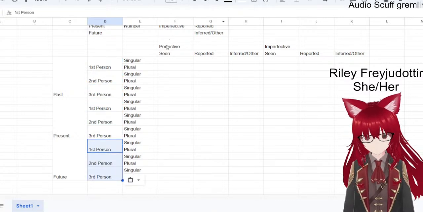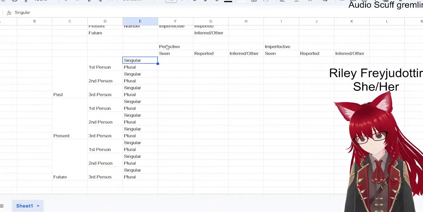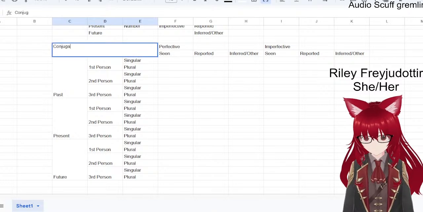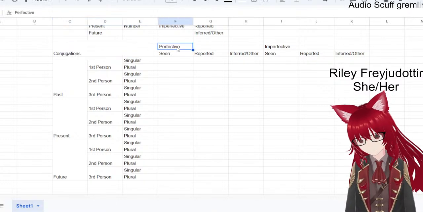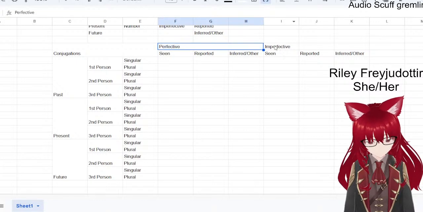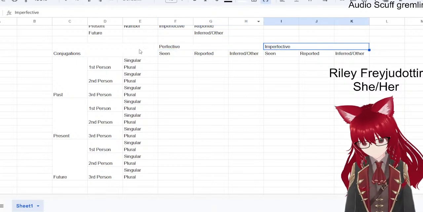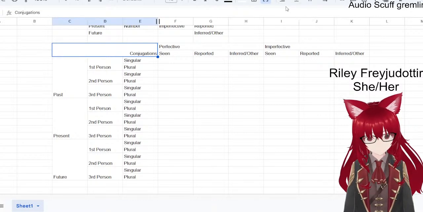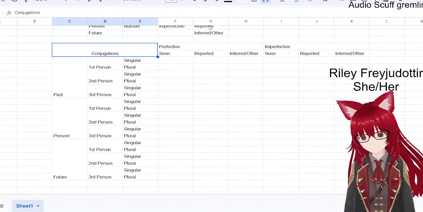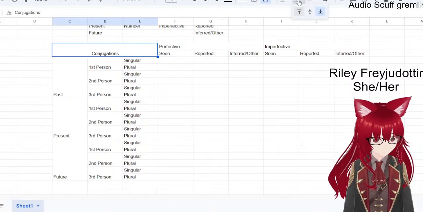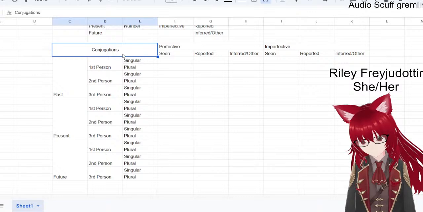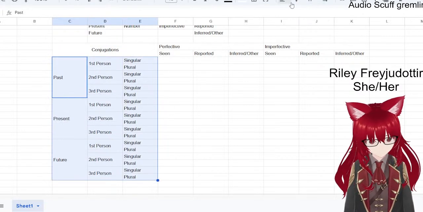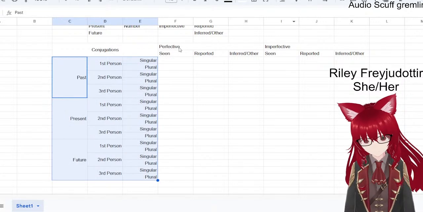All right, now let's merge all of these together and center all of these. Is this vertically centered?